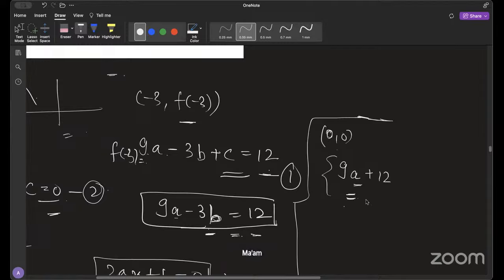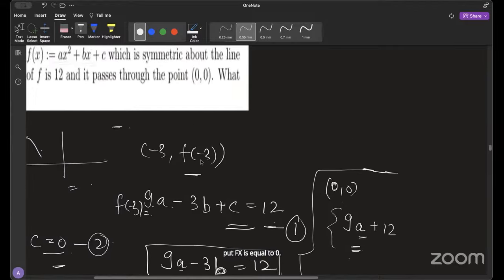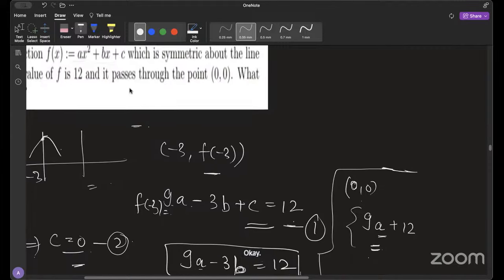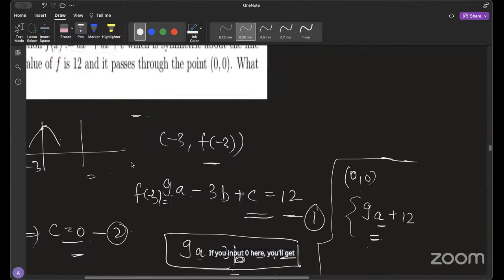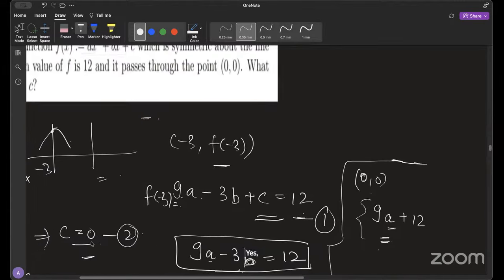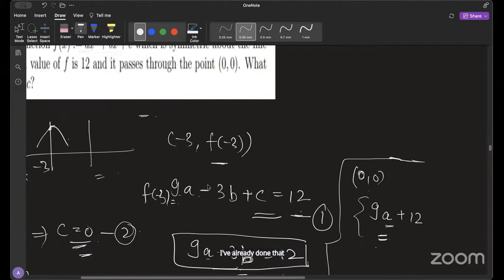Ma'am, it's what we get when we put f(x) equals 0 into the equation. If you put 0 here, you'll get c equals 0. Yes, ma'am, I've already done that here.